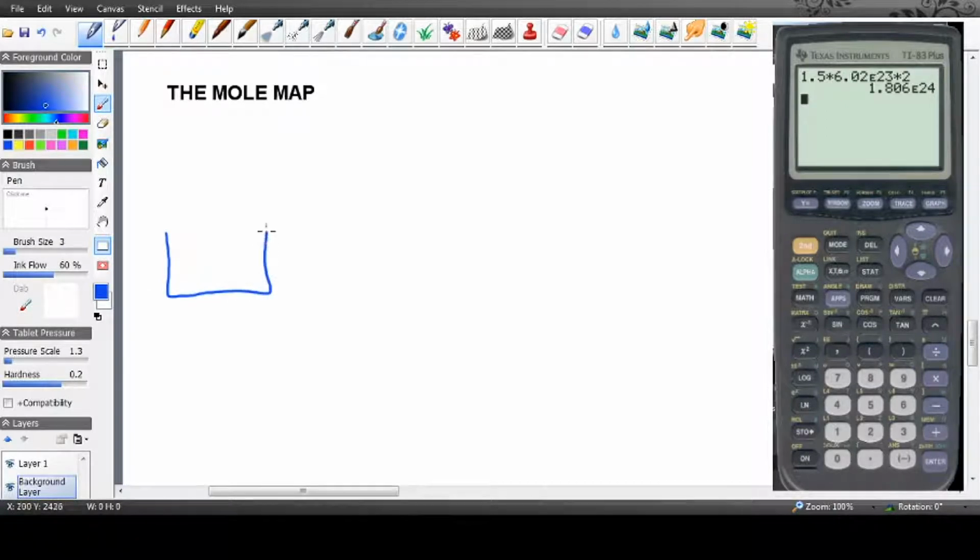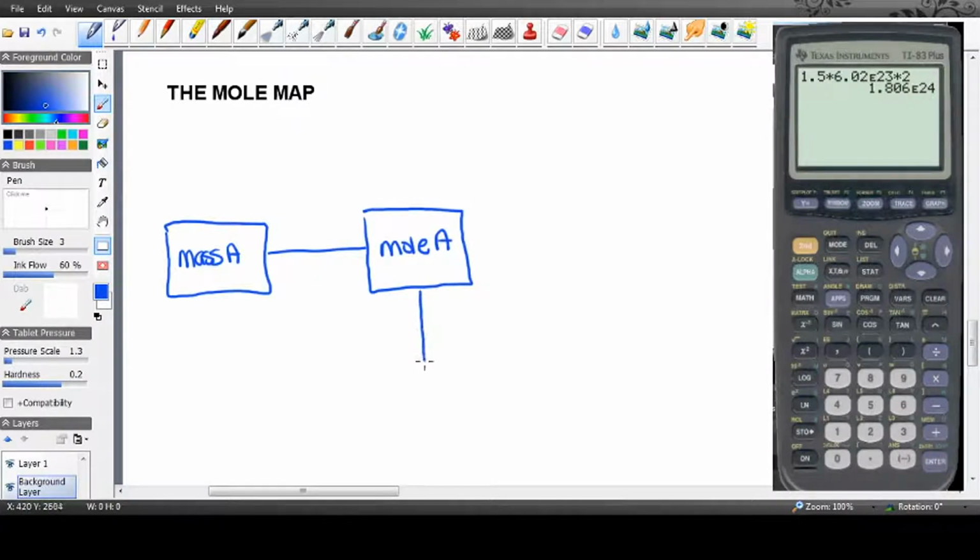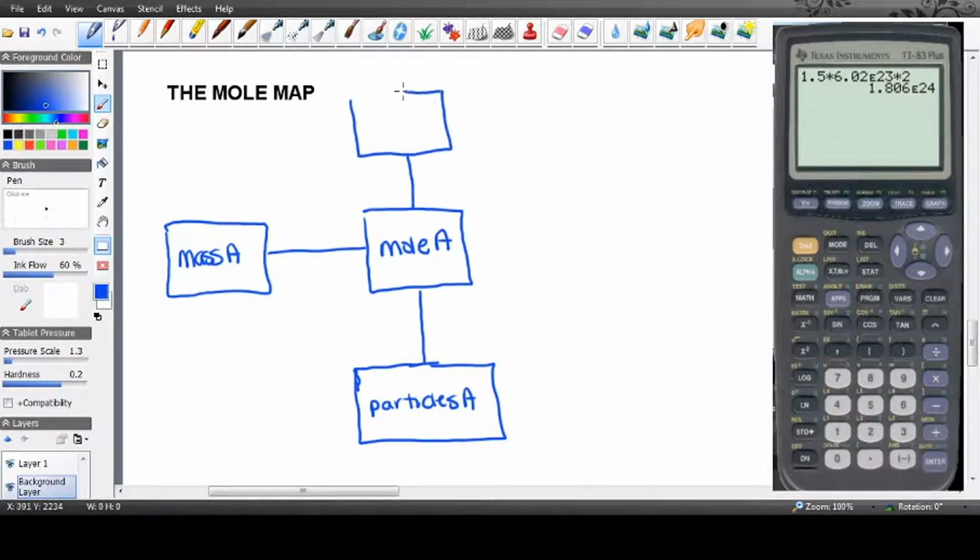On the left-hand side, let's just stick with the left-hand side for now, you guys, it says mass of substance A, and there's a road leading towards the moles of substance A. And there's a road that goes down here leading us into particles of substance A, and then going up north to volume of substance A.